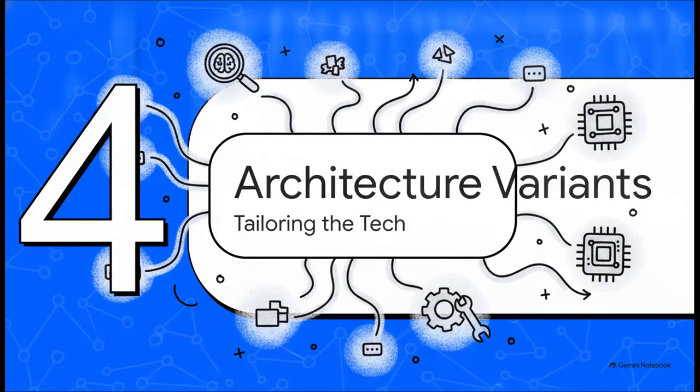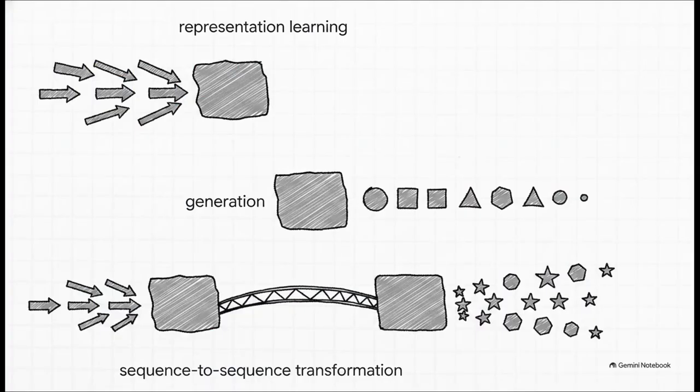in parallel. Moving on to the architecture variants and how researchers are tailoring the tech. As this technology matured, the foundational architecture from 2017 branched out. Researchers began customizing it for very specific AI tasks. Today, modern transformer designs are usually grouped into 3 distinct variants. First up, we have encoder-only variants.